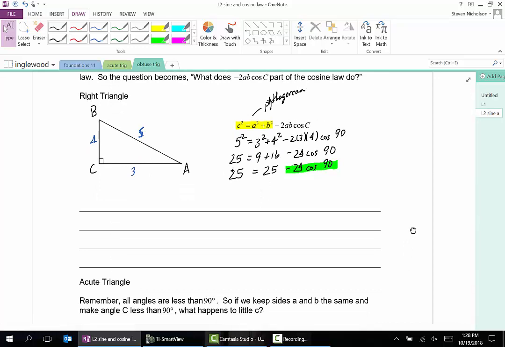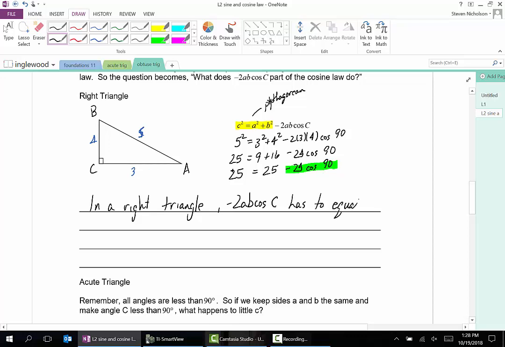So we've never talked about the cosine law with respect to the Pythagorean theorem, because that last little part of the cosine law goes away. So in a right triangle, negative 2ab cos c has to equal 0.